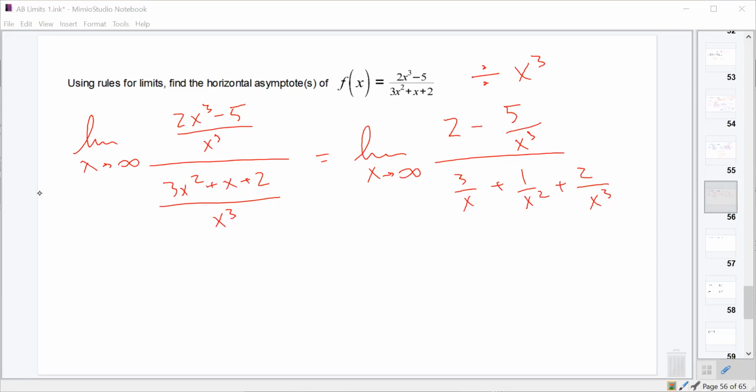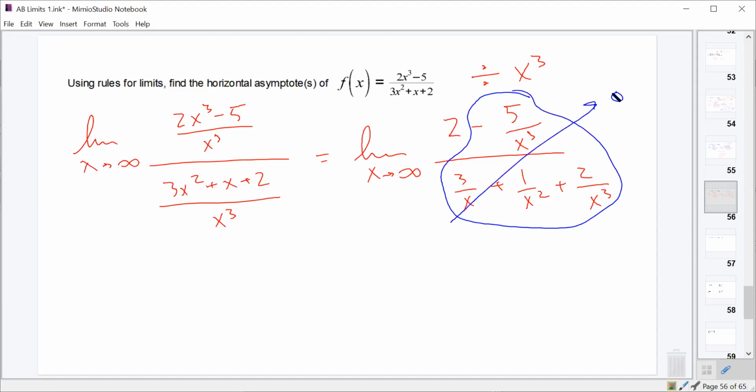And this time it looks like everything except that 2 ought to go to 0. So we get 2 over 0, which is undefined. And that tells us that there is no horizontal asymptote.